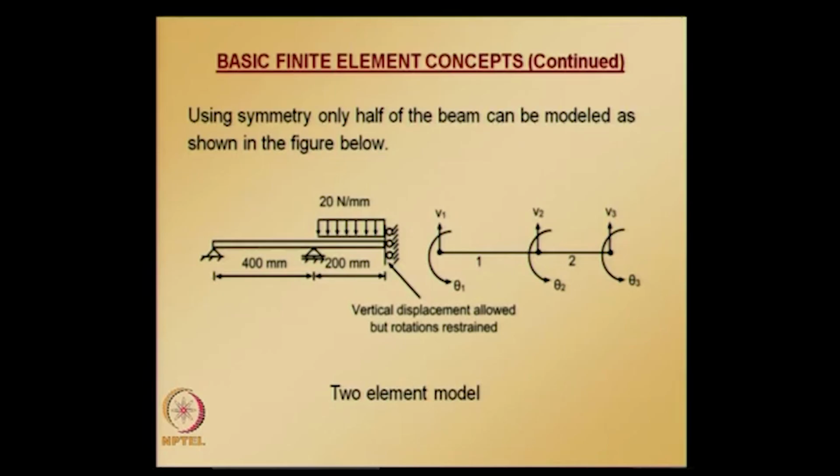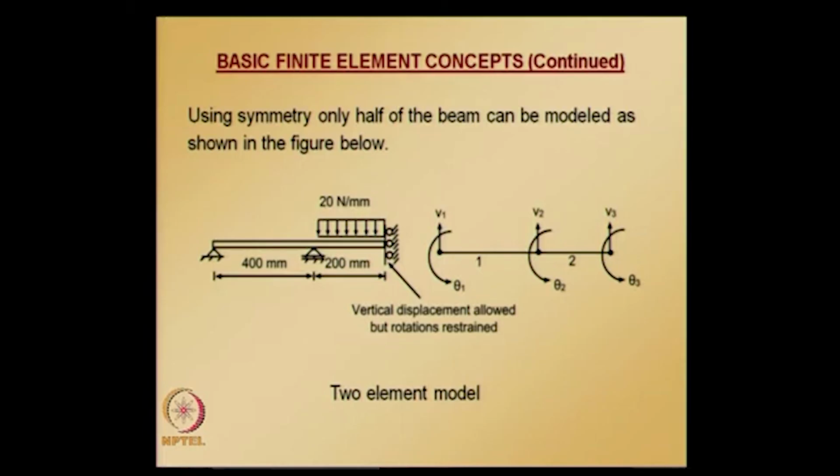In this half model we have 3 supports, so we use a node at each support, and the minimum we can use is 2 elements.